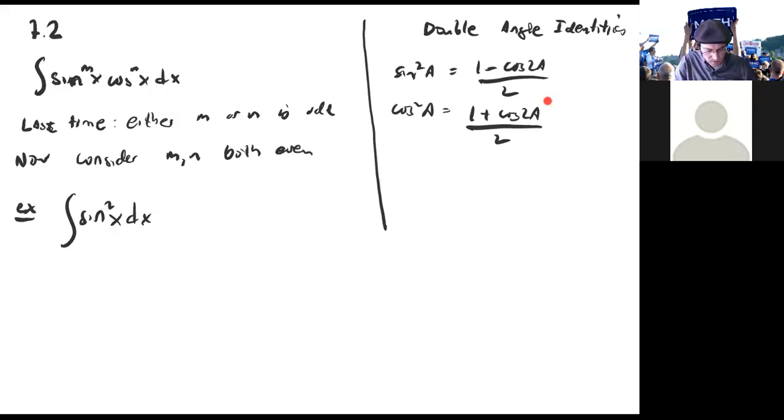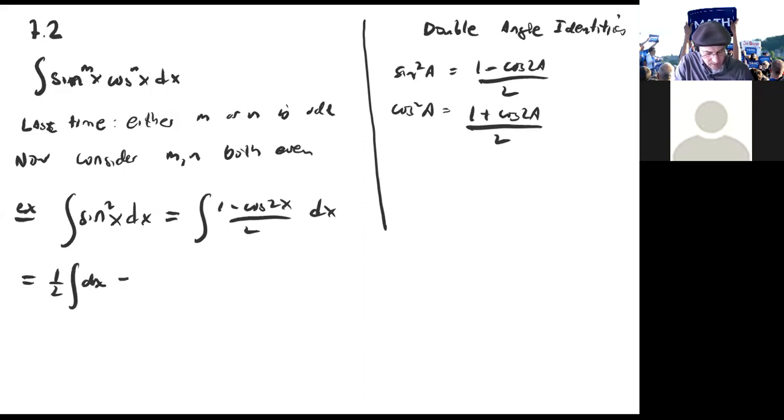Okay, so we do that and we get 1 minus cosine of 2x over 2 dx. And I'm going to break that up as 1/2 the integral of dx minus 1/2 the integral of cosine of 2x dx.